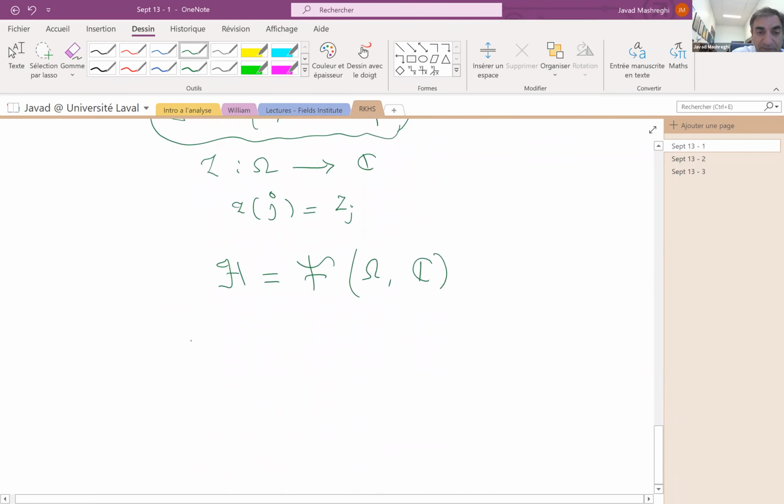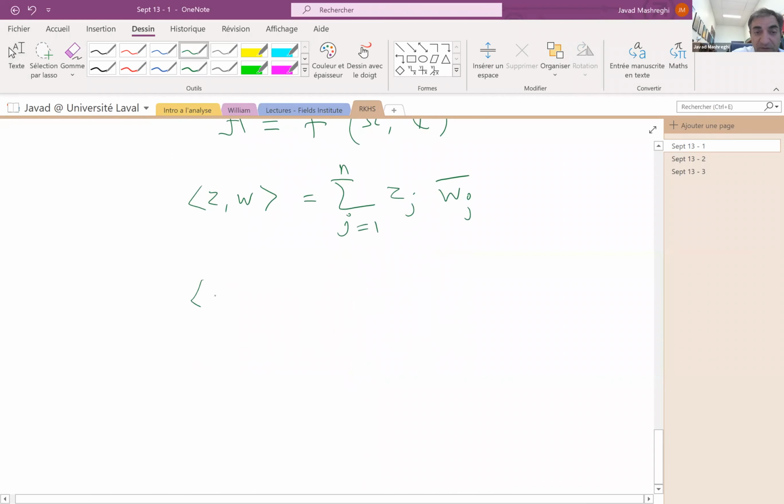The inner product between z and w, in linear algebra books, it's written as the sum over j from 1 up to n of z_j times w_j bar, which is perfectly fine. But allow me, in the light of the function view that I introduced above, to write it this way.